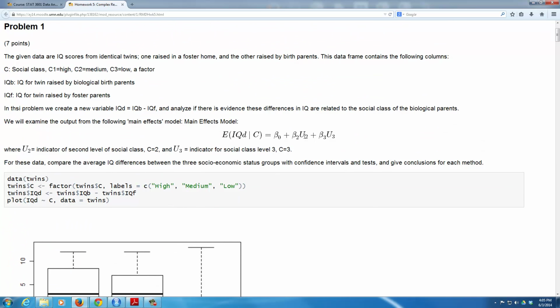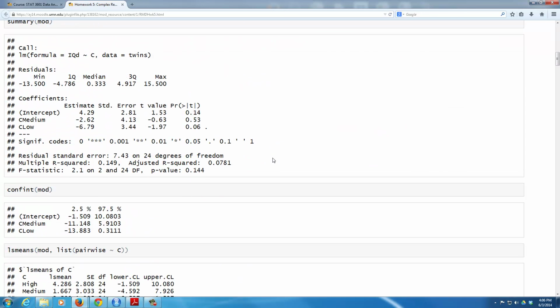So if medium class and lower class are both zeros, the response is the intercept beta naught, and that would be for the high social status. And so that's how to interpret the intercept.